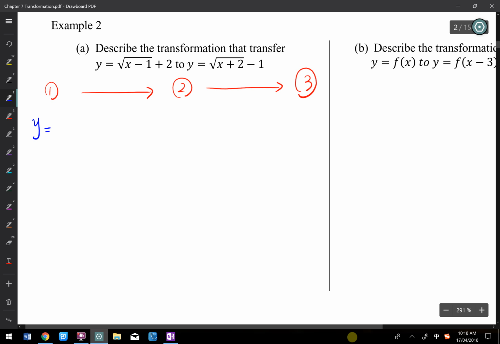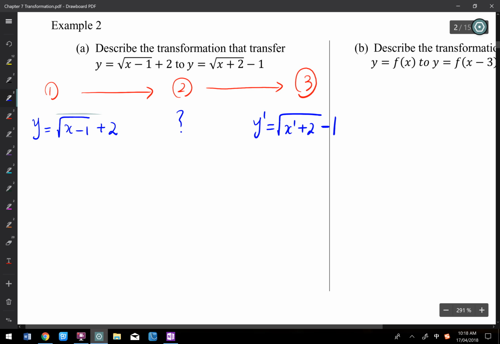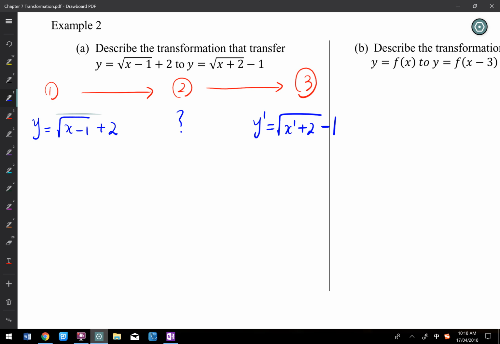So what we have is the original one is this, and the new one is this. I will add the dash on it, to distinguish the two. What I want to know is in the middle. Remember, for example, if in the middle I have translate 1 unit to the right, what I can get is x dash equals x plus 1, right?